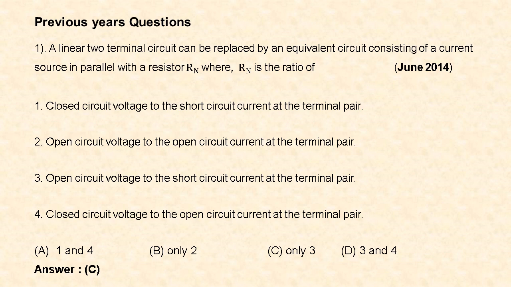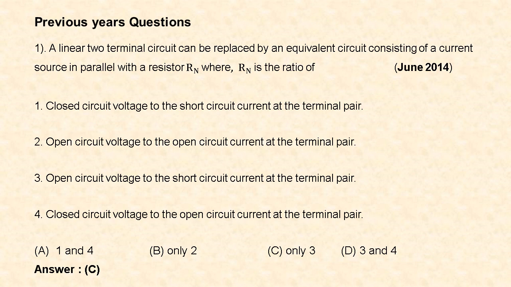The first question is, a linear two-terminal circuit can be replaced by an equivalent circuit consisting of a current source in parallel with resistor Rn, where Rn is the ratio of. Here some options are given and this question was asked in June 2014.